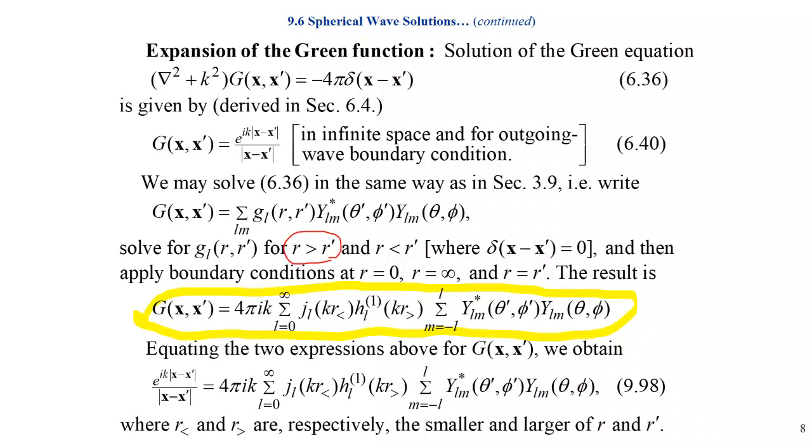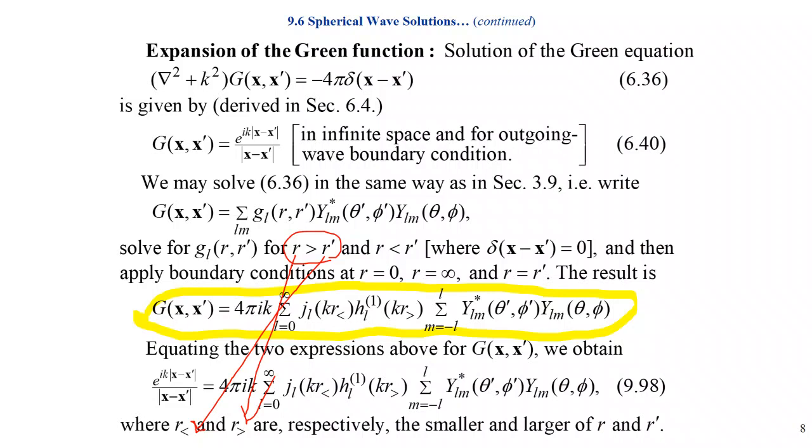Just consider this one. In this case, this one is greater than this one, so obviously greater is here and smaller is here.